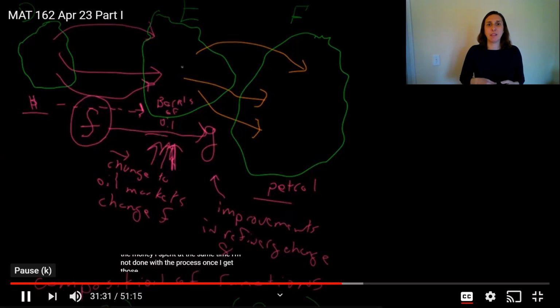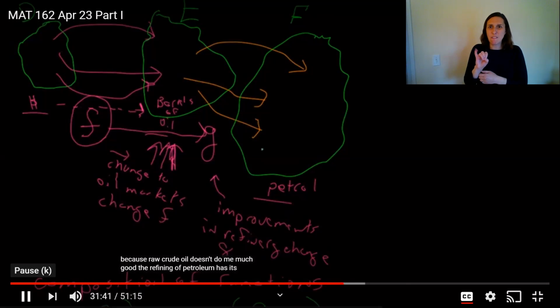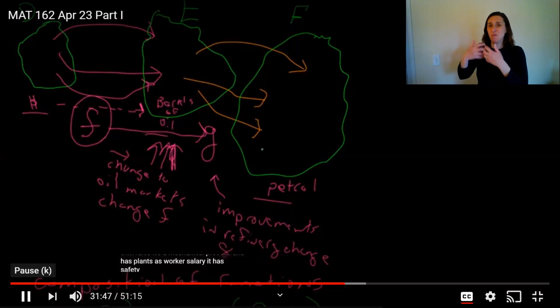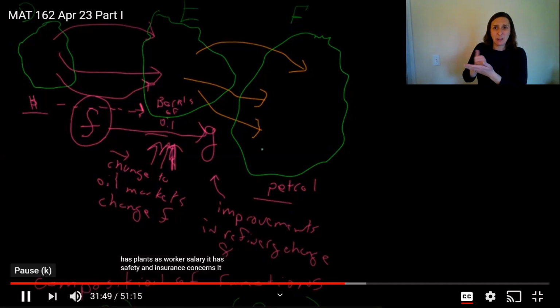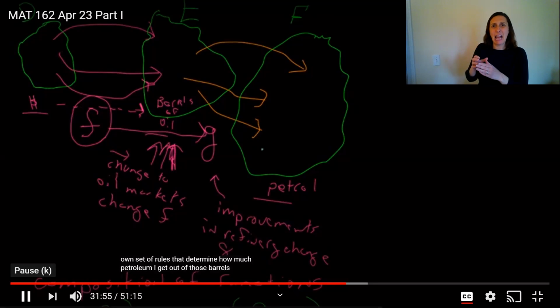Once I get those barrels of oil, I want to refine them into petroleum, because raw crude oil doesn't do me much good. The refining of petroleum has its own rules. It's a mechanical process. It has plants, it has worker salary, it has safety and insurance concerns. It has its own set of rules that determine how much petroleum I get out of those barrels of oil.